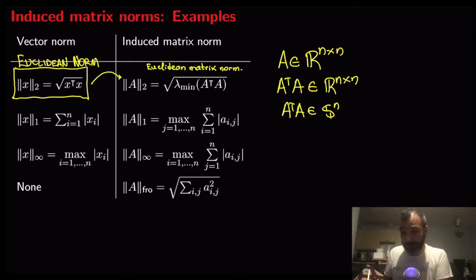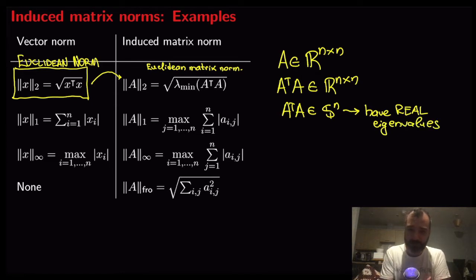This is a symmetric matrix, and if you remember, we said that symmetric matrices have real eigenvalues. I'm emphasizing this because the eigenvalues of a matrix in principle can be complex as well. But no, this is a symmetric matrix, so it has real eigenvalues.